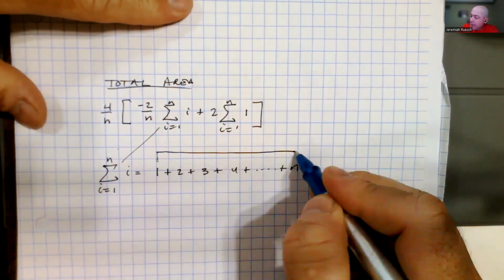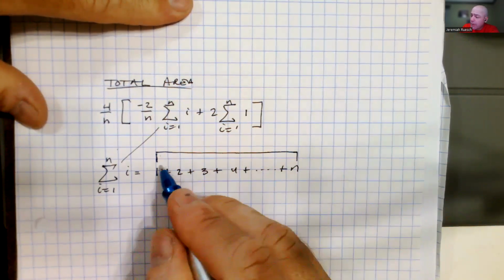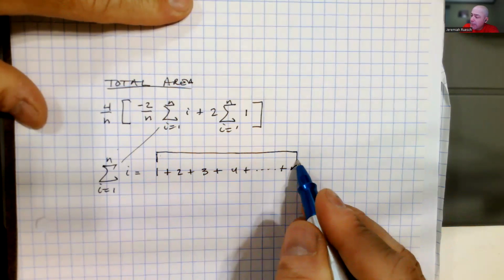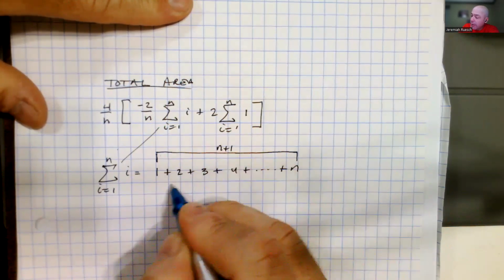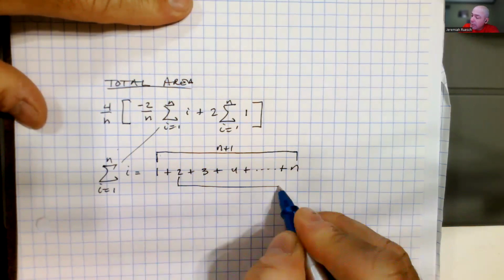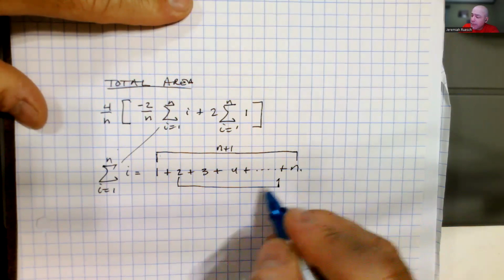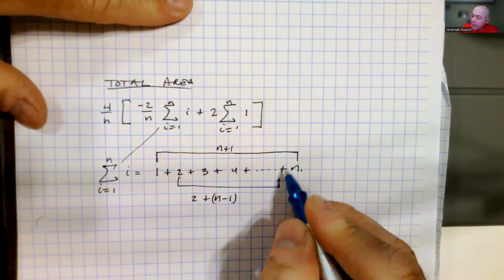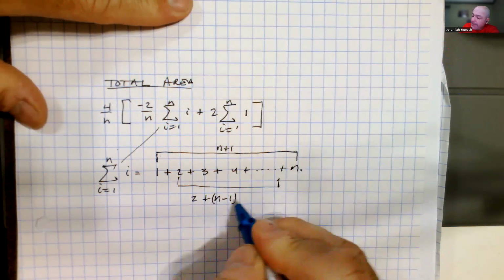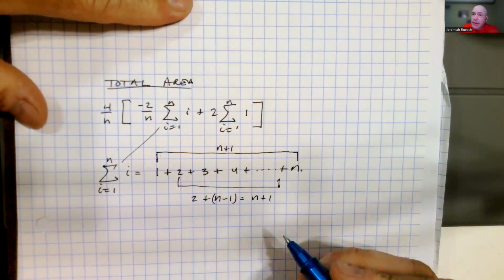What if we did what we call Gaussian pairing, and we saw that we have 1 plus n, which would give us a sum of n plus 1. And what if we did the second term here plus the second-to-last term? Well, that would be 2 plus n minus 1, because it would be one term less than n, and if we added these together, this is equal to n plus 1.